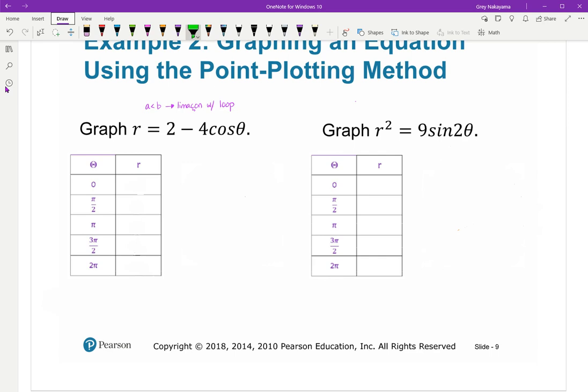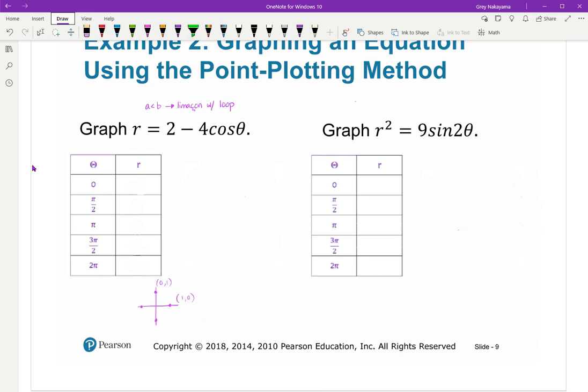I'm still going to fill out my chart. So when we say we're picking these convenient values, think about your unit circle and what these values are at these places. At 0, the coordinates are 1, 0.